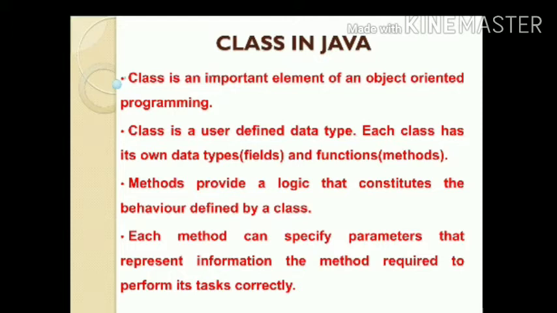The data types are also called fields and the functions are also called methods. Methods provide a logic that constitutes the behavior defined by a class. Each method can specify parameters that represent information the method requires to perform its task correctly.